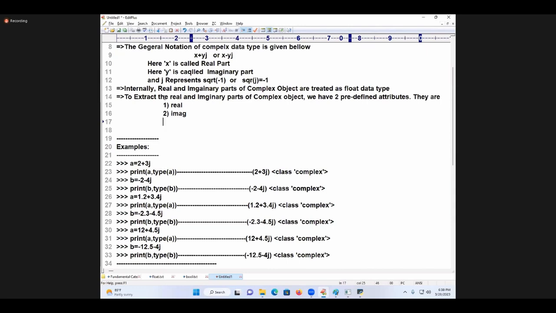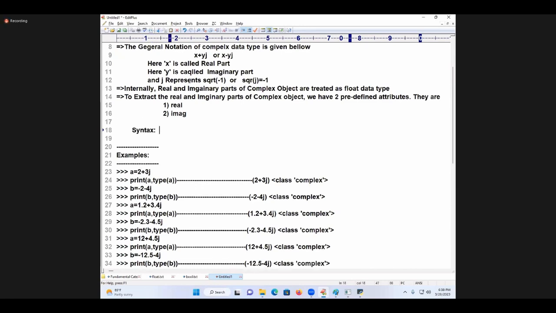How do you apply the syntax now? Carefully follow, guys. What is the syntax now? Complex obj dot real gives the real part of the complex object.